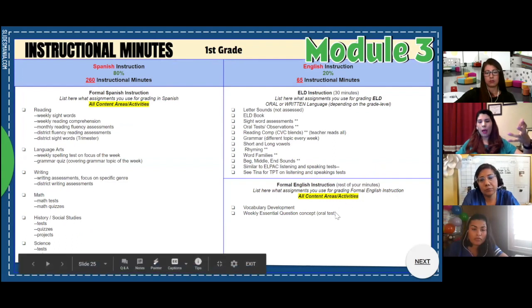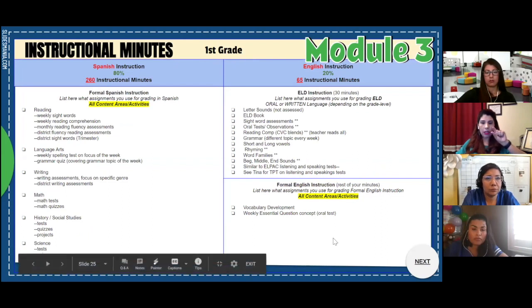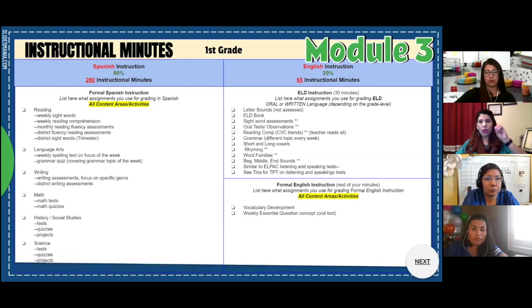Or what else is happening? And so this is the reason why we wanted to break it down, because we want to make sure that teachers are doing and students are doing that protected ELD time when they're going deeper into the language, when they're really studying the components of the language to understand it better, and then what else is happening.